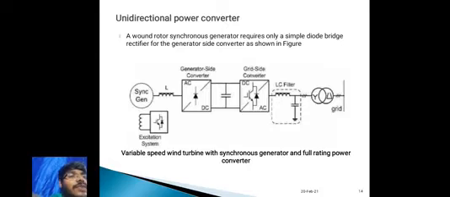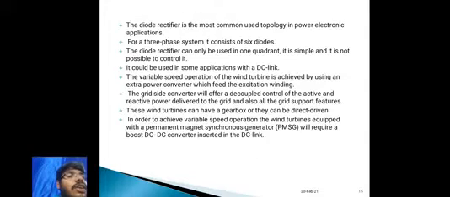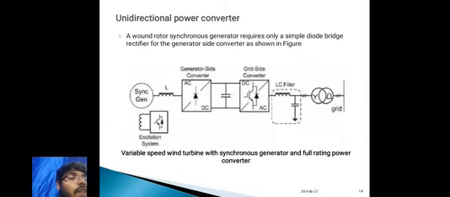For a unidirectional power converter, whenever the synchronous generator generates electrical power, the only possible way to connect to the grid is a simple diode bridge rectifier for the grid side converter. In this circuit diagram, a variable speed wind turbine with synchronous generator and full rated power converter. By using an LC filter, the capacitor is used for storing, charging and discharging electrical energy from the grid side converter to the grid.